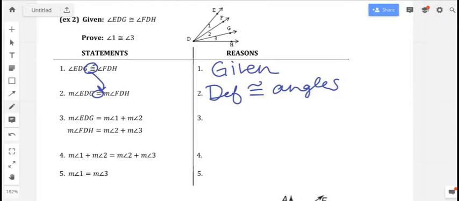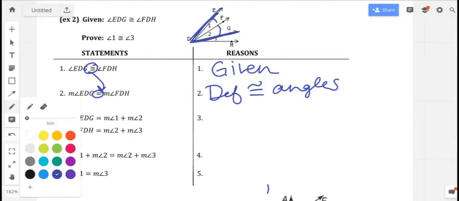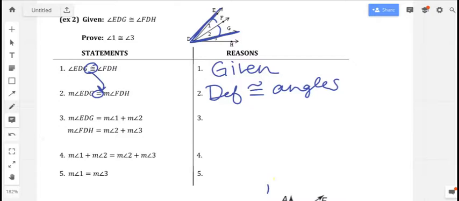Okay, so the next one says the measure of angle EDG is equal to the measure of angle 1 plus measure of angle 2. So this is the first time now that they've brought in the numbered angles. So that tells me that it didn't come from up above, and I should maybe look at the picture to help me. So if you look at the picture, it says EDG, so EDG is here, is equal to 1 plus 2. And then it says FDH, this one here, is equal to 2 plus 3.